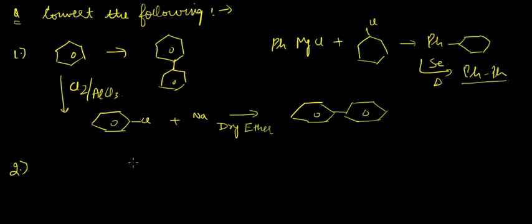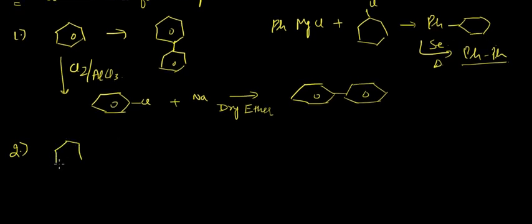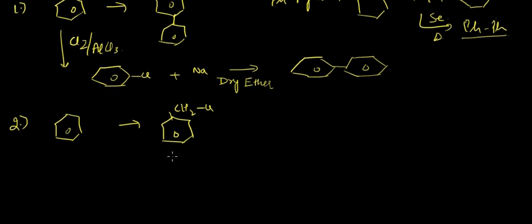Okay, so the next example is we have a benzene ring, and we want to make CH2Cl from this compound. So how can we actually make it?